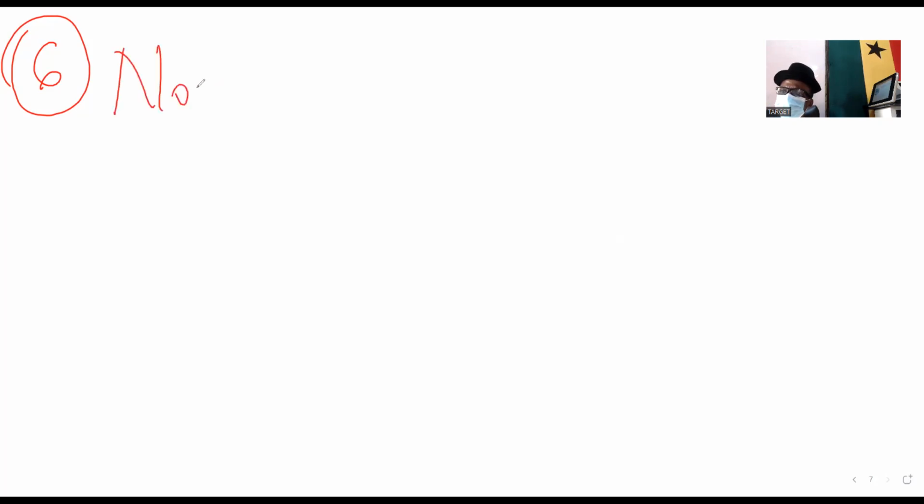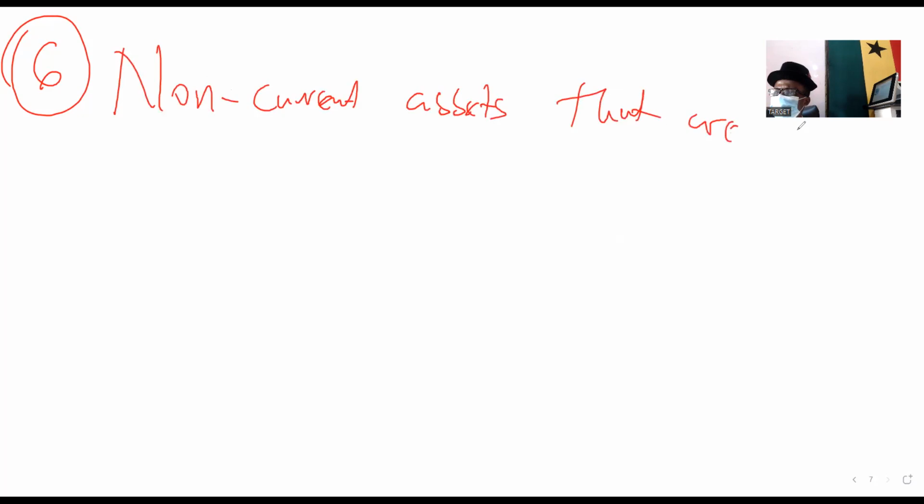Non-current assets that are to be what? Abandoned. So if we are to abandon a particular asset, we cannot record it as a non-current asset held for sale.